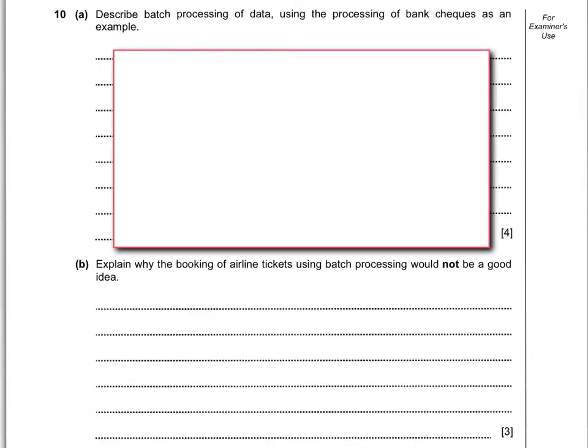The checks are collected together during the course of the day, and then when everyone's gone home from work, the system is not as busy as it was in the day. So these checks are processed all at once, and they usually do it overnight, and that's what you need to say.